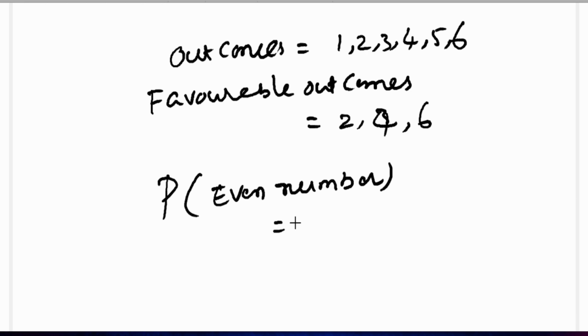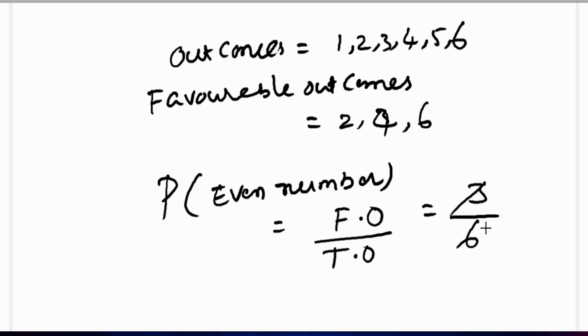So the probability of getting an even number, what is the formula for it? Favorable outcomes by total outcomes. The number of favorable outcomes is 3 and the total outcomes is 6. So we can say 3 by 6, that is 1 by 2. Do you understand?